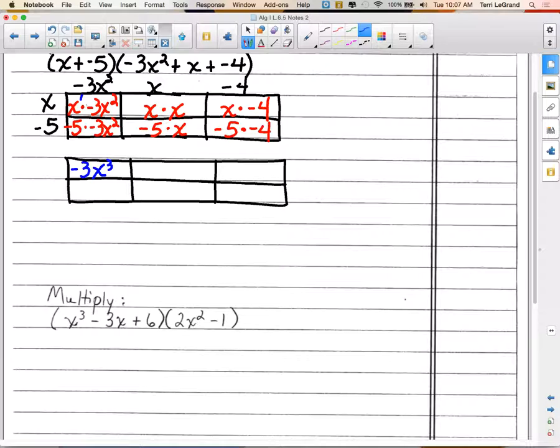I'm kind of sad that this is the part we're stuck on right now, and we can't multiply these monomials, x times -3x squared. We've been doing that the last couple of days. Okay. Let's finish. Go ahead, finish filling it out. I can't hold your hand for everything.